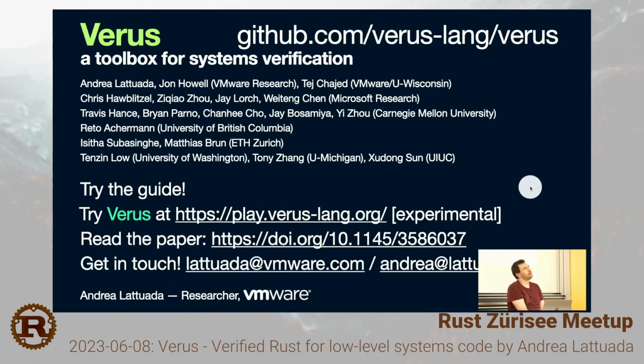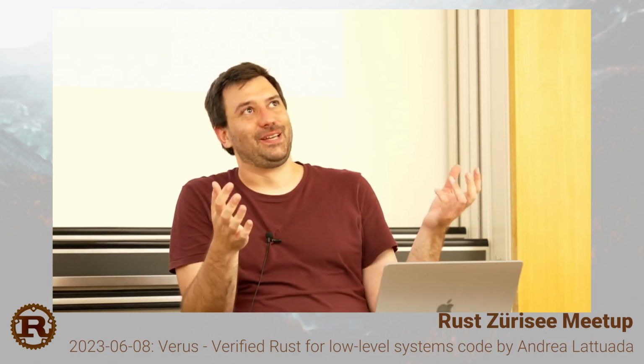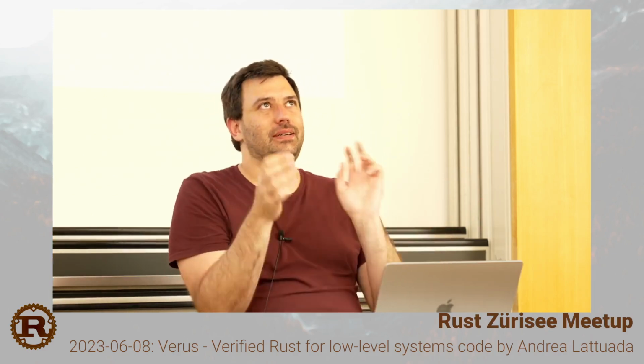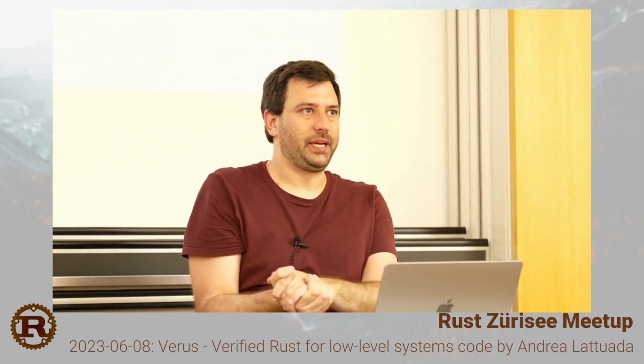So let's see. I think there's an interesting answer here, but it may be long. Whoever asked this, please get in touch. Let's see if I can make it quick. Linear types, we think, are a very convenient interface for the kind of proofs we're writing, but there's been a lot of success using separation logic, which is a style of type system in which values can be used multiple times in certain ways.